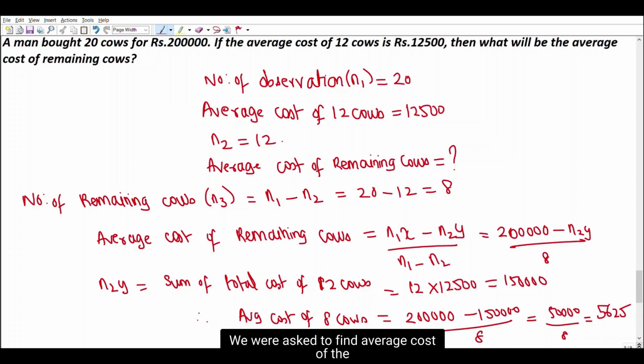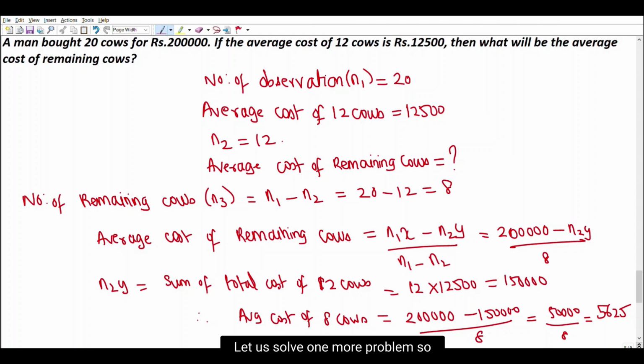We were asked to find the average cost of the remaining cows. Number of remaining cows is equal to 20 minus 12, which is equal to 8. Therefore, average cost of 8 cows, using the formula n1x minus n2y divided by n1 minus n2, we get the answer as 5,625.